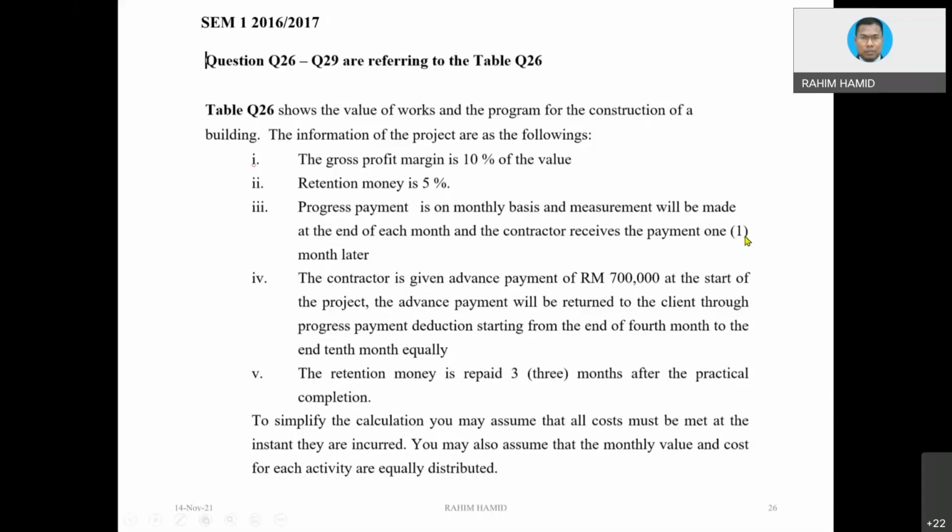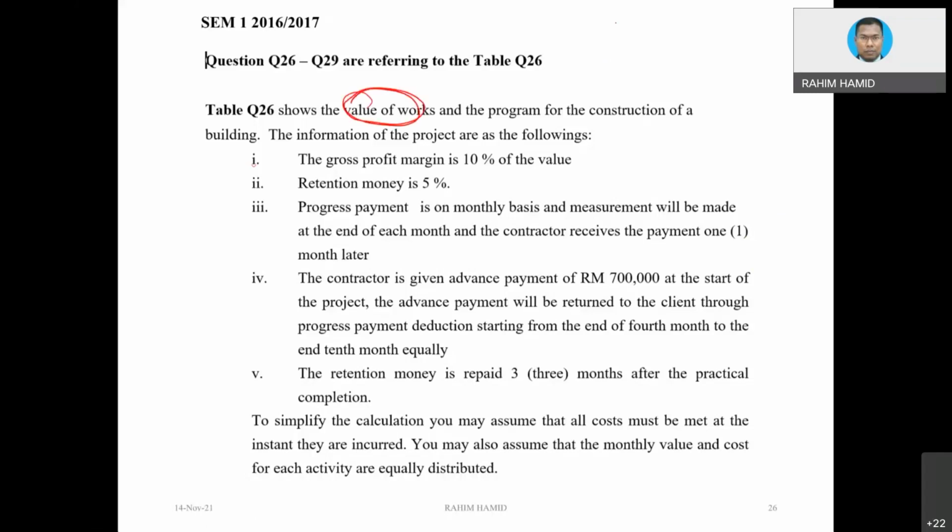Okay, let's continue with another example. This is a typical exam question with regard to this topic. First thing first, what could be the information given? So you have to read the information given. First thing, value of work.